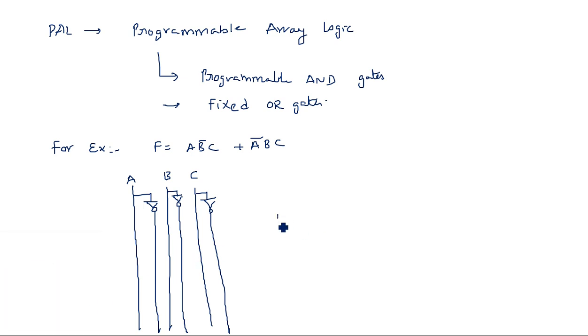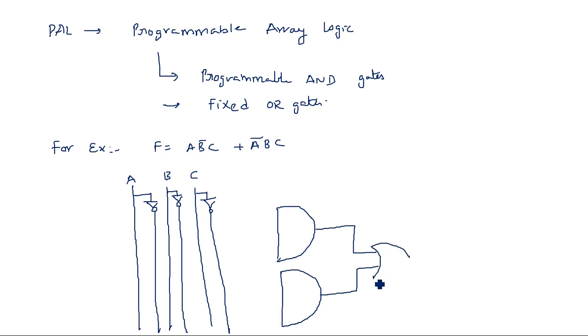So we have one AND gate and we have the second AND gate here. The outputs of these two AND gates are connected to the OR gate, whereas the OR gate is fixed. We cannot change it.